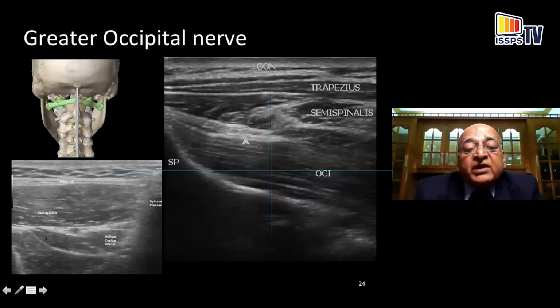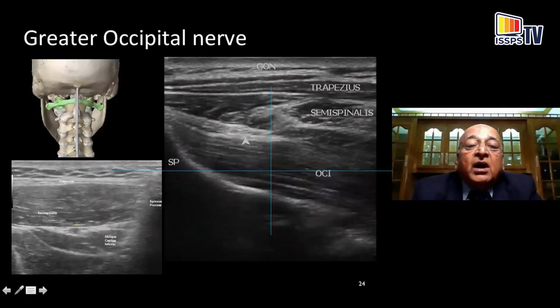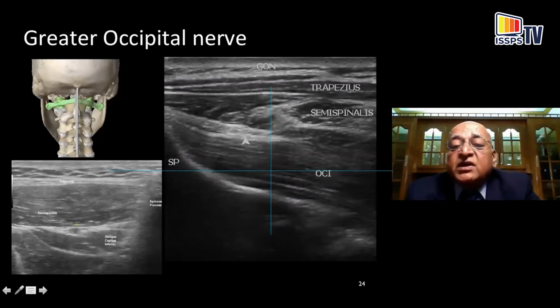Now, you're not seeing the parallel fibers of the obliquus capitis inferior because of the orientation. Once you orient the transducer towards the C1 transverse process, then you will see the parallel fibers of the obliquus capitis inferior. Right above that is your semispinalis, and between them is your greater occipital nerve.